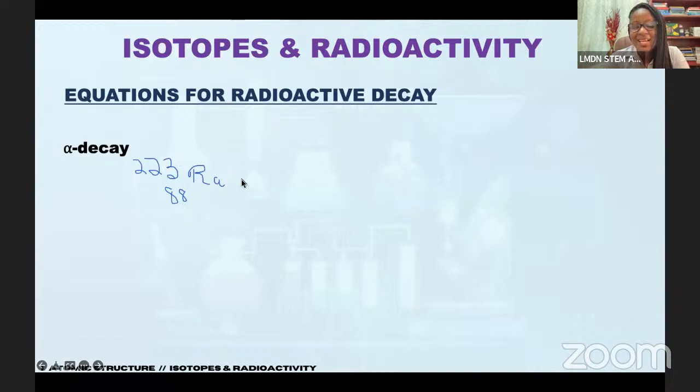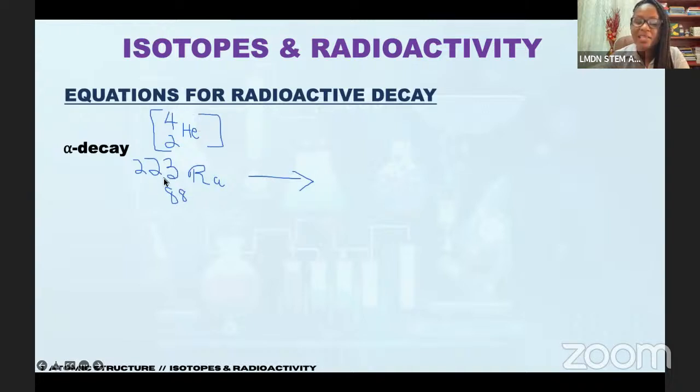When this radioactive isotope undergoes alpha decay, what we're going to get is, because the alpha particle, as I mentioned earlier, we liken to a helium nucleus, which is just this, helium here. So when you undergo alpha decay, you give off, for lack of a better word, a helium nucleus.